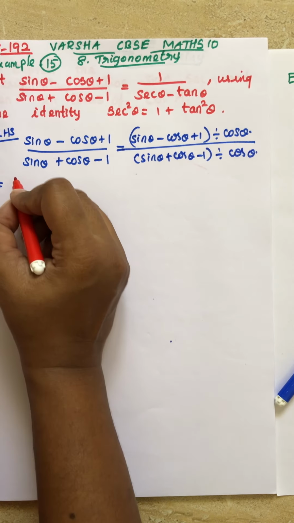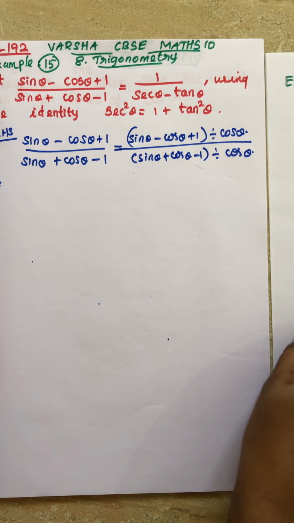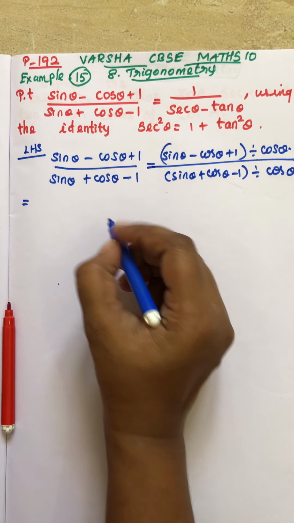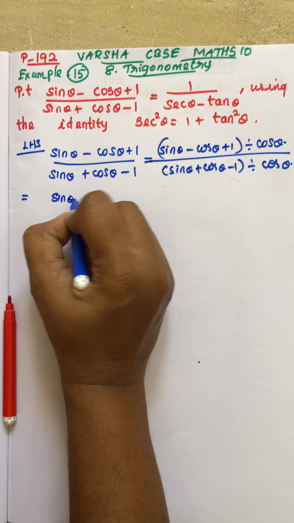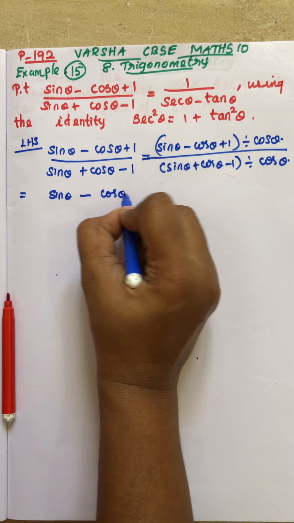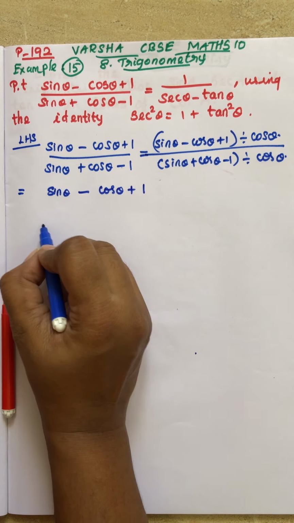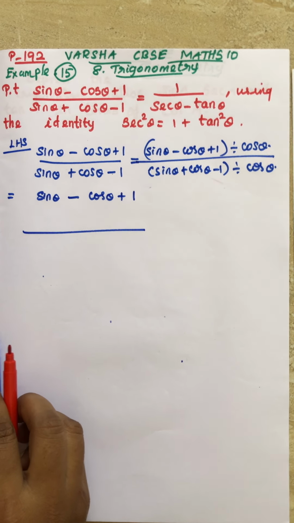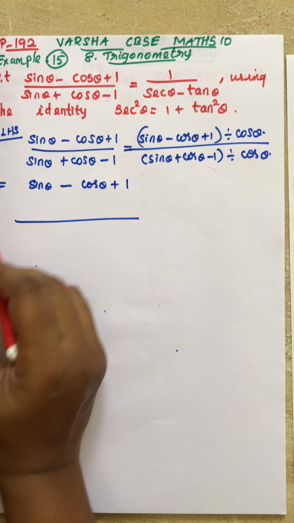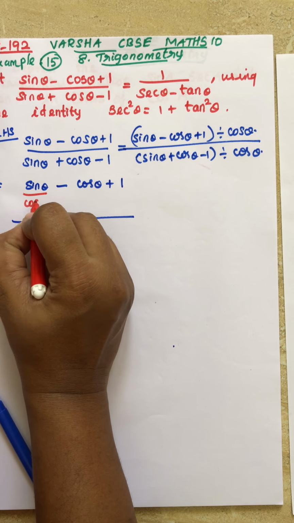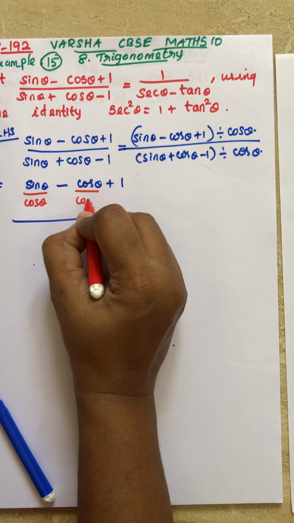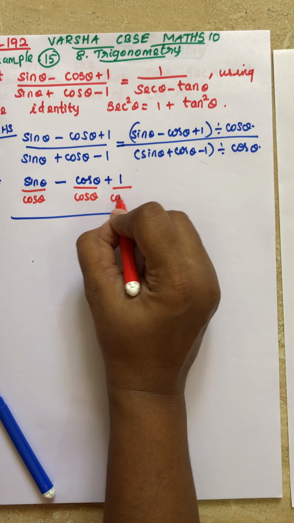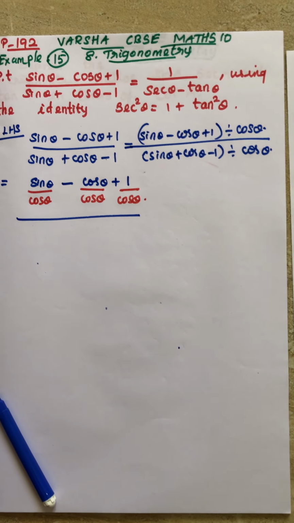First of all, how to divide this. Take sin theta minus cos plus 1. You have to divide every term of the numerator by cos theta.